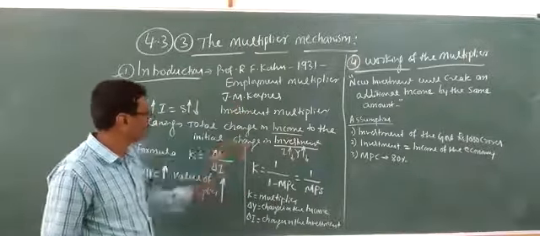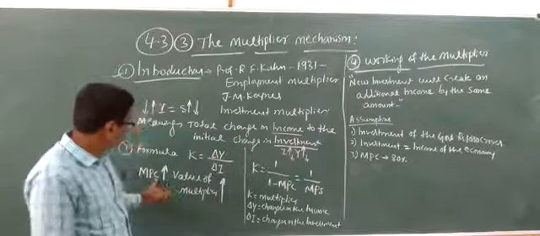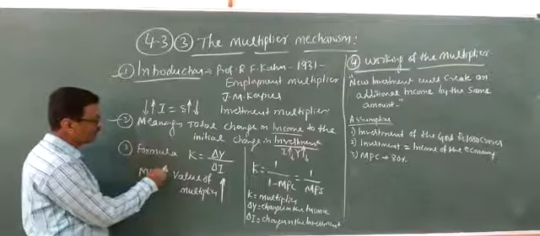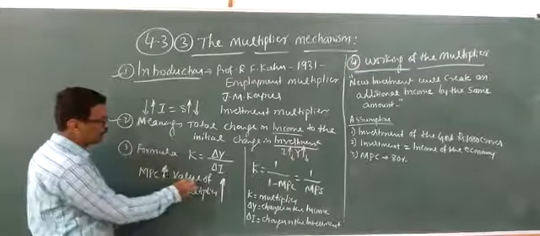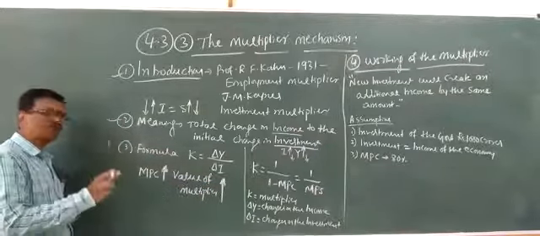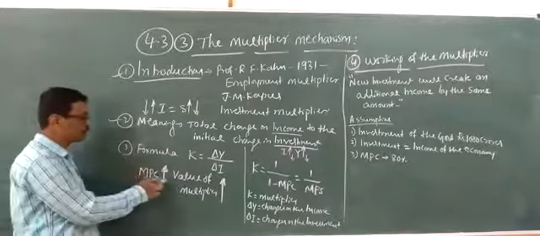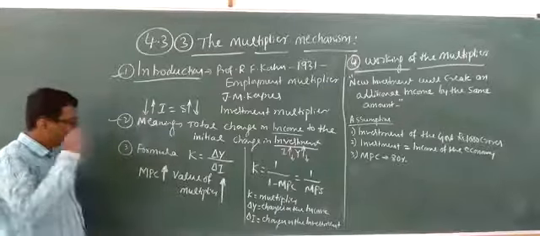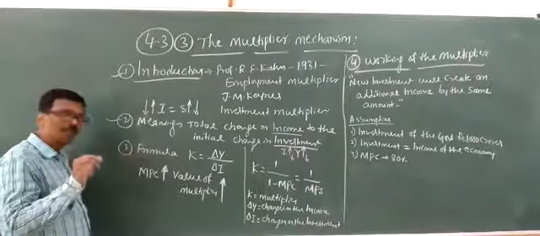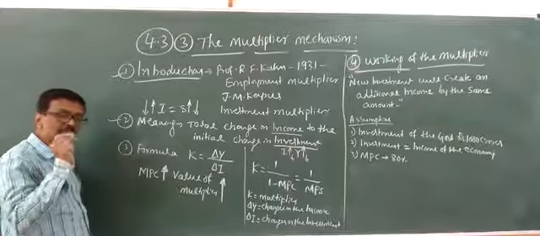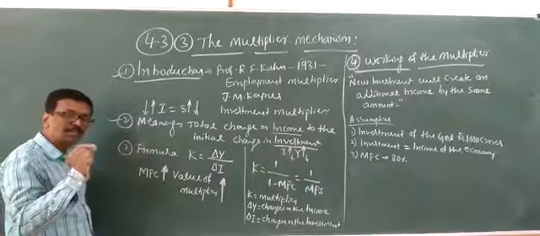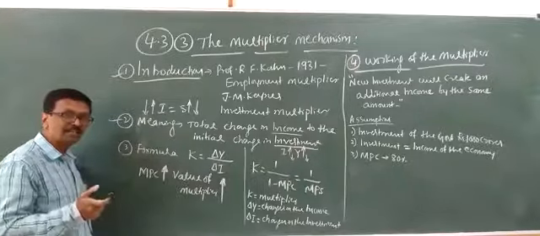That can be explained in the future. Otherwise, when the marginal propensity to consume increases, the value of the multiplier also increases. There is a direct relationship between the value of the multiplier and the marginal propensity to consume. MPC is the change in consumption per unit of change in income; it means the intensity of consumption expenditure.